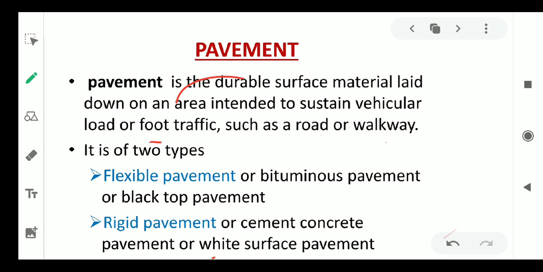A pavement is the durable surface material laid down on an area intended to sustain vehicular loads or foot traffic, such as a road or walkway. In a simple way, we can say that highway pavement or road pavement is a structure consisting of superimposed layers whose primary function is to distribute the applied load, like the vehicle loads, which transmit or distribute to the subgrade.